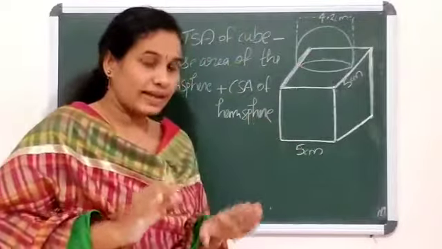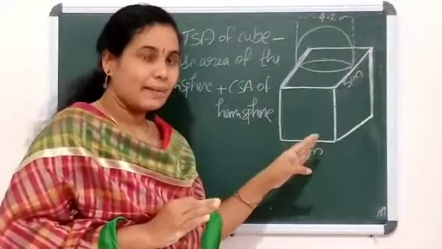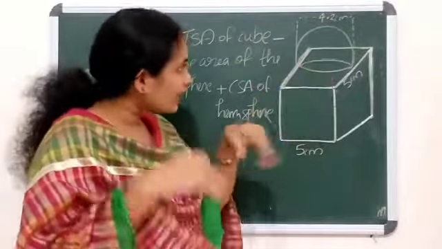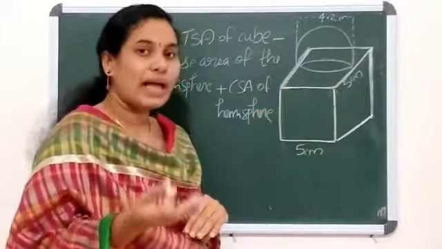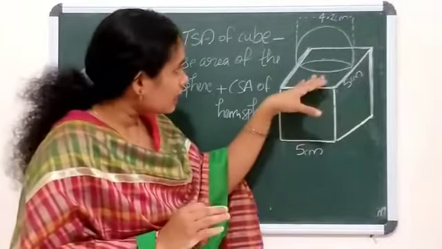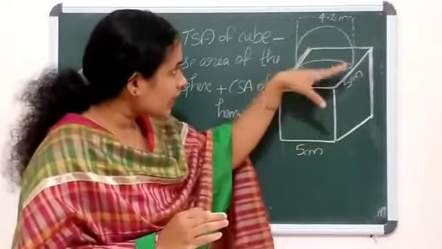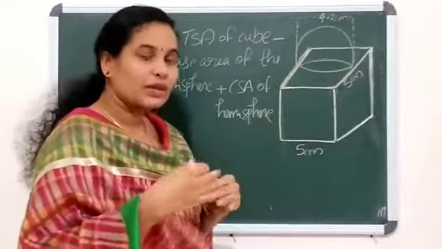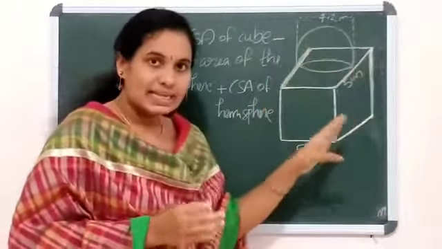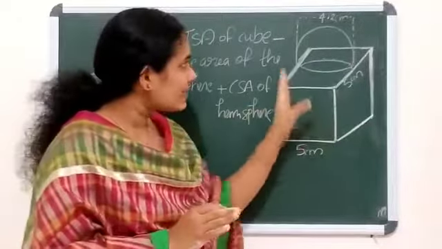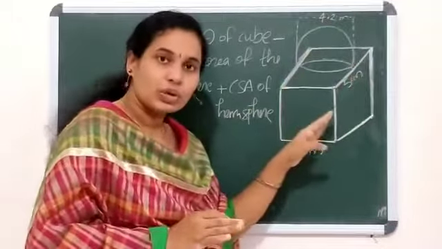Here you can see that the hemisphere is attached on the top of this cube. So when we are finding out the total surface area, the part of the cube where the hemisphere is attached, we want to avoid that one. The part of this cube where the hemisphere is attached, we want to subtract from the total surface area, then only we will get the surface area of this new solid.